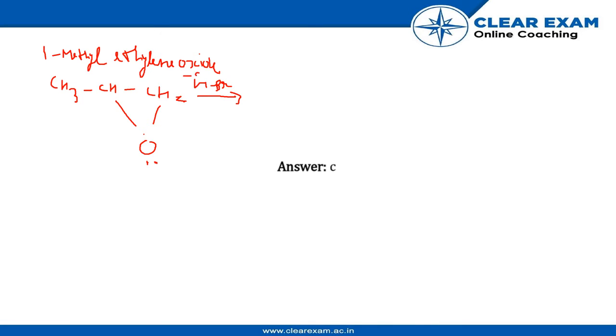When we react it with HBr, this end would be negative and this would be positive, so it will give us CH3 CH CH2 with O positive, and hydrogen.